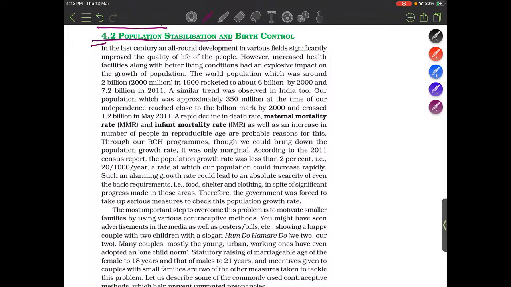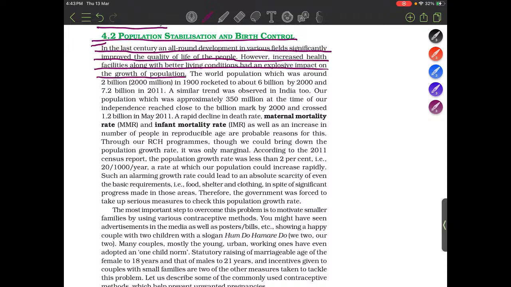4.2 Population stabilization and birth control. In the last century, all round development in various fields significantly improved the quality of life of the people. However, increased health facilities along with better living conditions had an explosive impact on the growth of population. The world population, which was around 2 billion or 2000 million in 1900, rocketed to 6 billion in 2000, 7.2 billion in 2011.